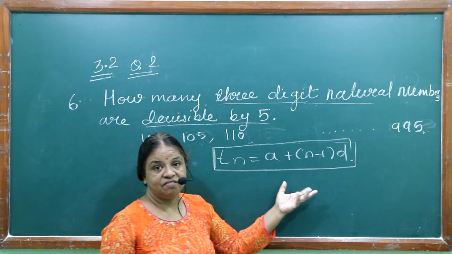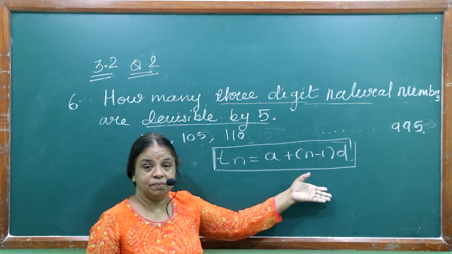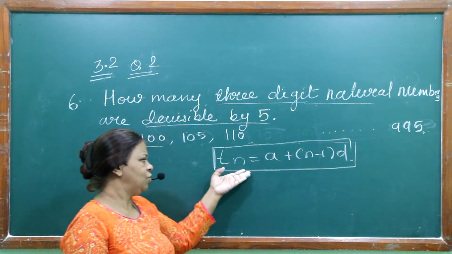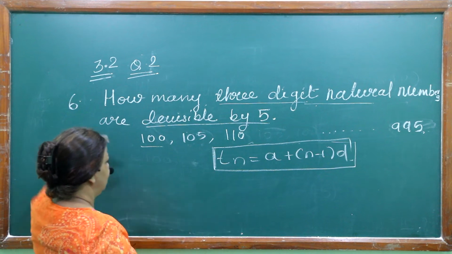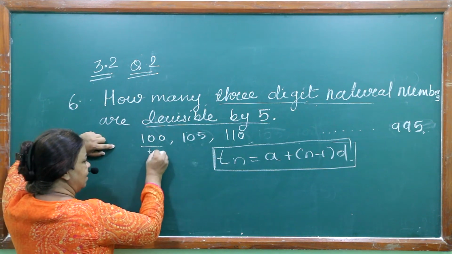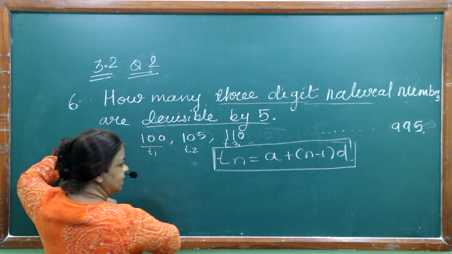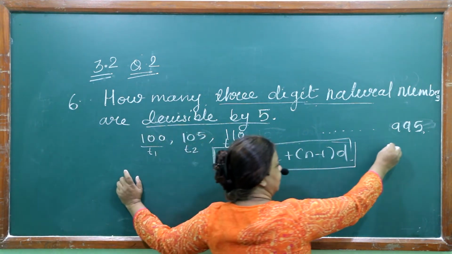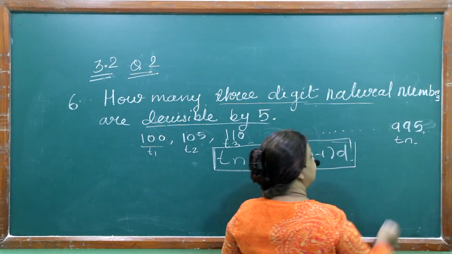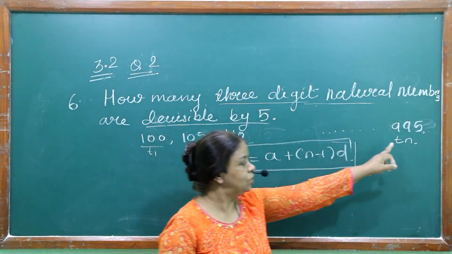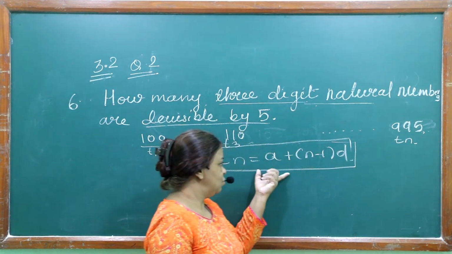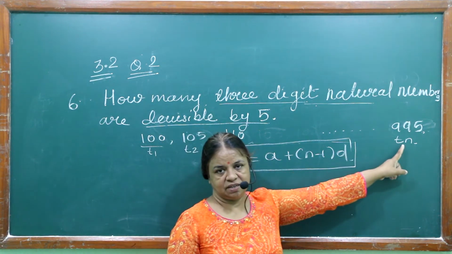You can use this formula simply. So here I have written the first term T1, the second term T2 and the third term T3 and the last term, the nth term, which I don't know. By using this I can tell you which number it is.